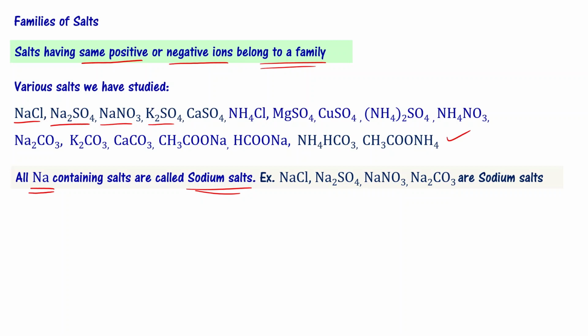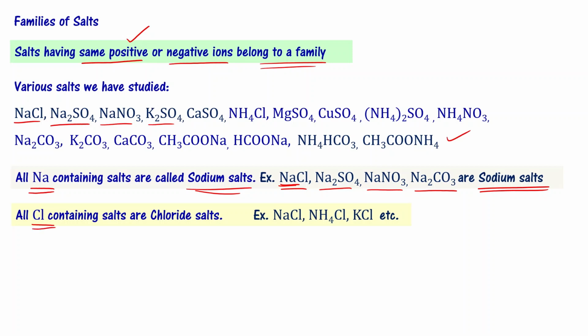For example, NaCl, Na2SO4, NaNO3, Na2CO3, all these have the same positive ion, that positive ion is sodium ion. That's why these belong to the sodium family, or sometimes you can call them sodium salts.